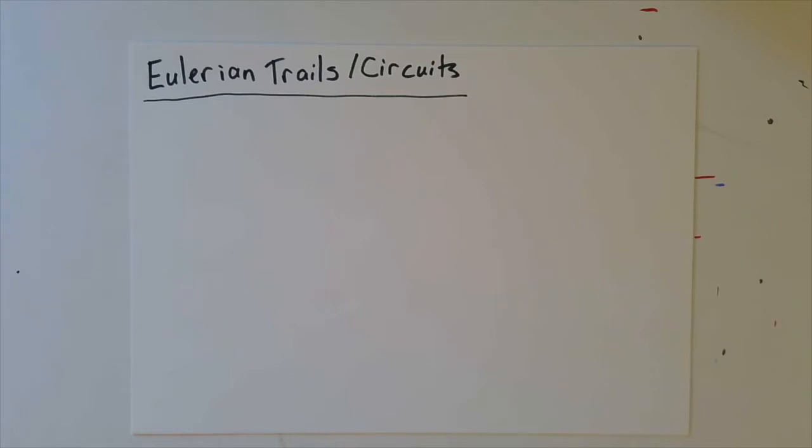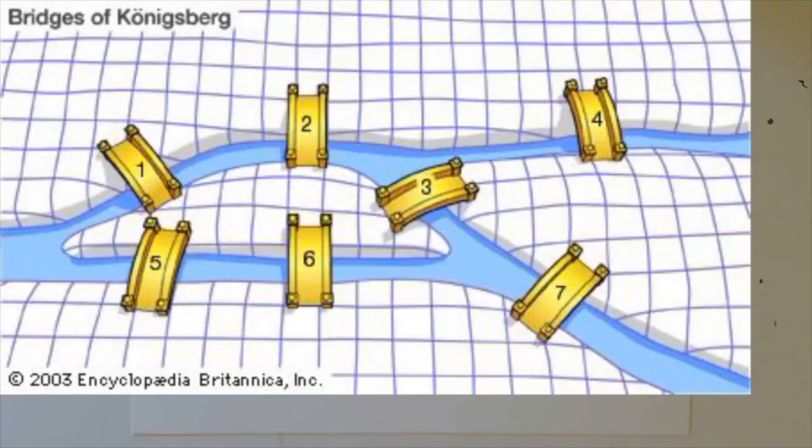So the motivational question for this involves this map of the city of Königsberg. Suppose I start somewhere in Königsberg. You can start anywhere on this picture you want. And my question is, is it possible for me to walk in a path where I cross each bridge exactly once?